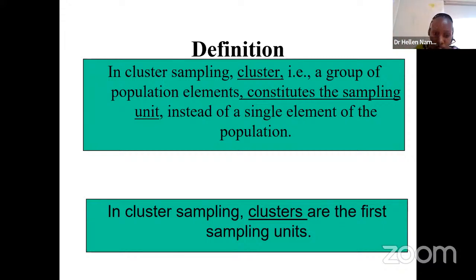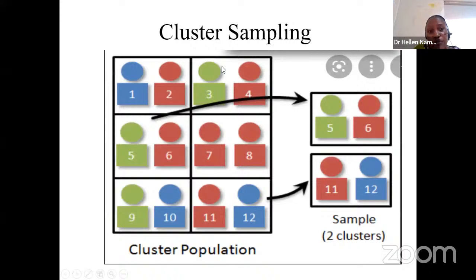Let's move on and see. Assuming that in this particular case, I've got a cluster population. I've got population 1, 2, then 3, 4, and they have up to 12. So within this cluster population, there are groups, okay? They're being grouped 1, 2, 3, 4, then 5, 6, 7, 8, then you have 9, 10, and then 11, 12.